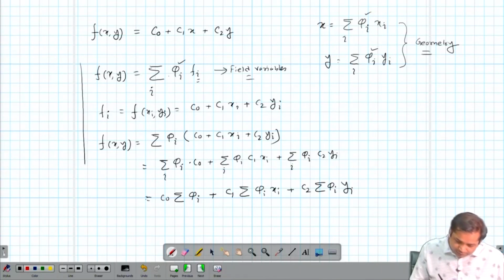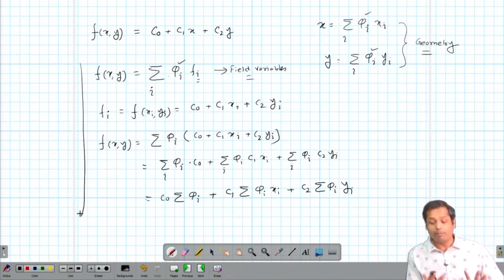Up to this, it is only the approximation of the field variable based on this approximation.